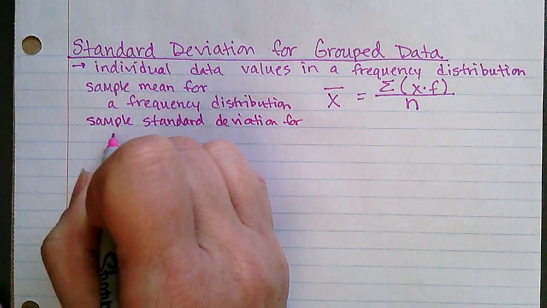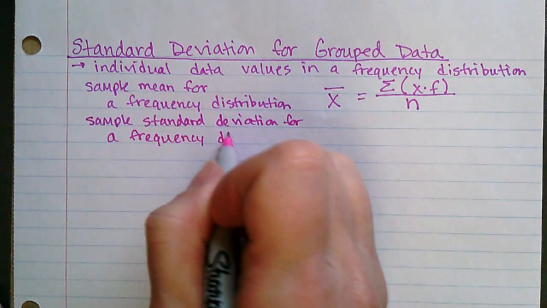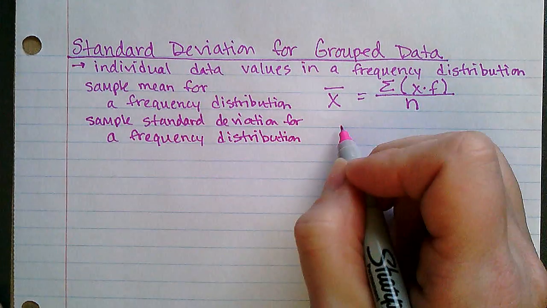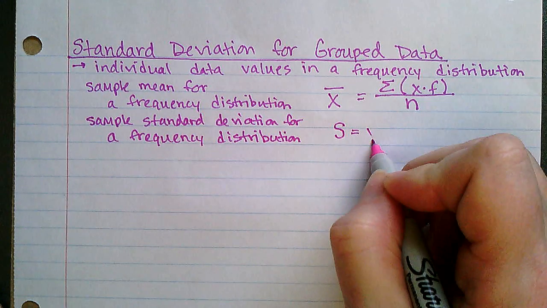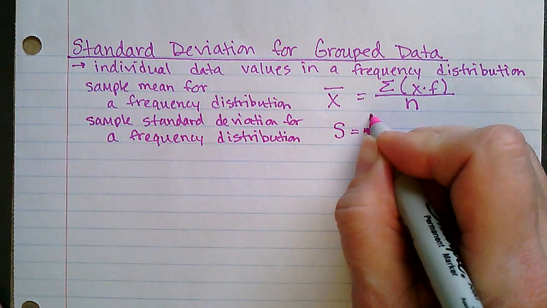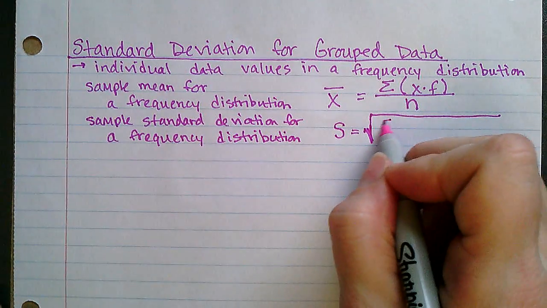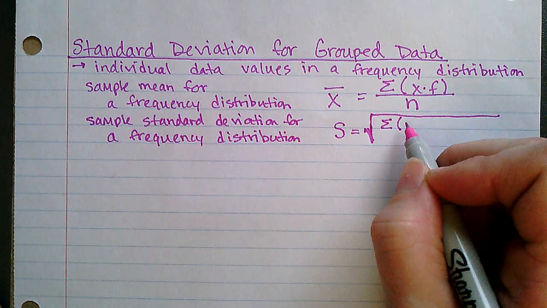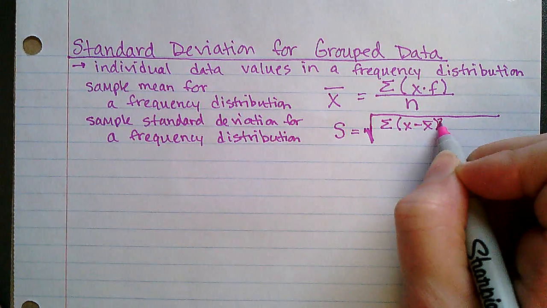For a frequency distribution, the formula is S equals the square root of... we're going to add up a column that we create that is the data value minus the mean, squared.